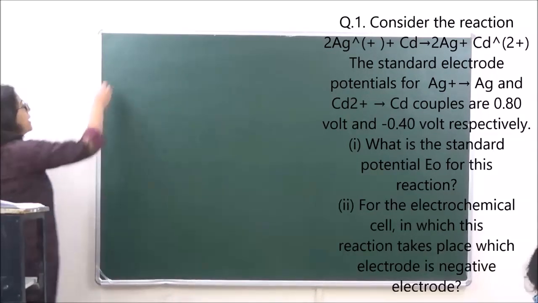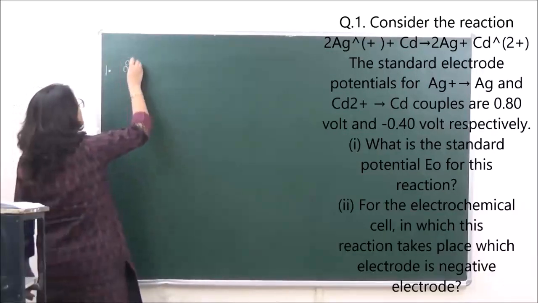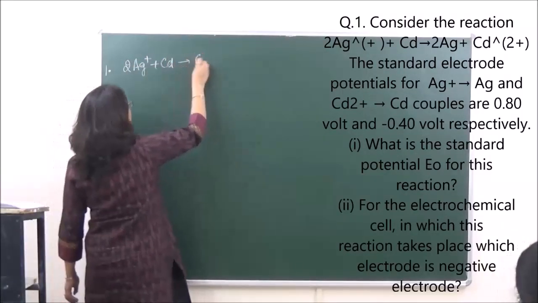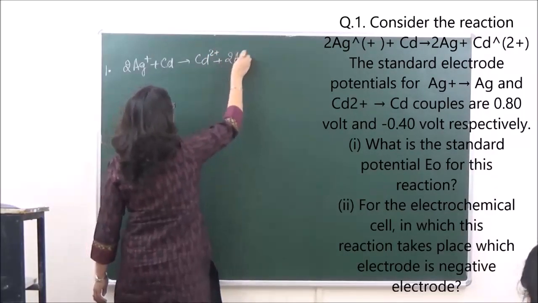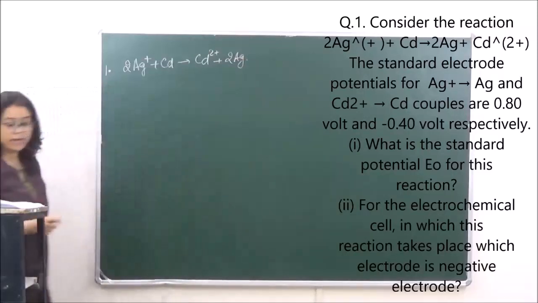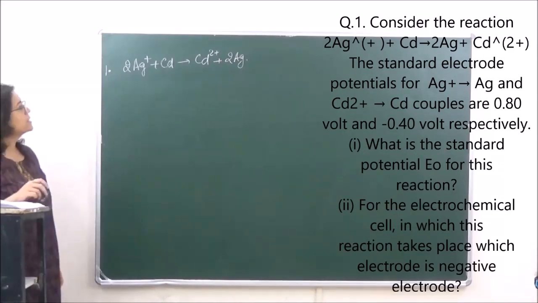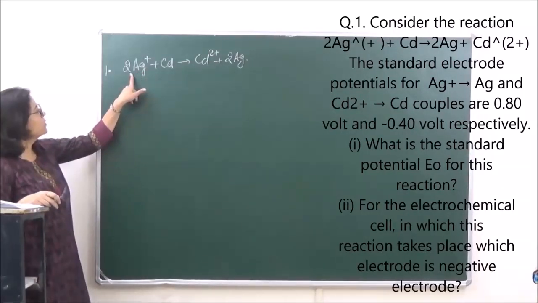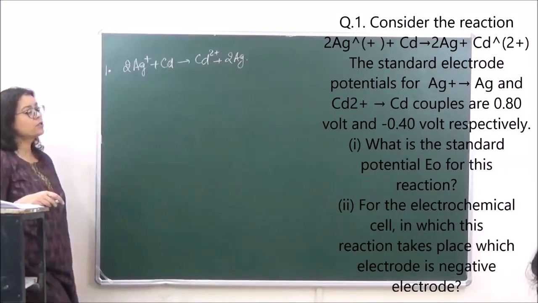So the reaction is 2Ag positive plus Cd to give us Cd2 positive plus 2Ag. Okay, this is the reaction given to us. In this case, the electron exchange in both cases is going to be equal to 2. To balance the 2 electron exchange, we have taken 2 over here.